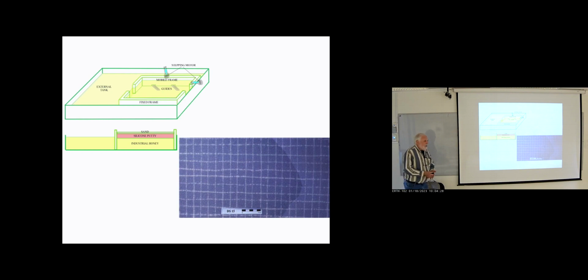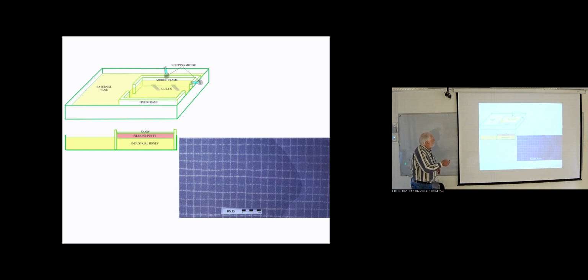The work on transform faults was done in the laboratory in University of Rennes in northern France. The idea is that there is a box of about a meter by a meter filled with honey, with density 1.3 gram per cubic centimeter, and there is an internal frame.